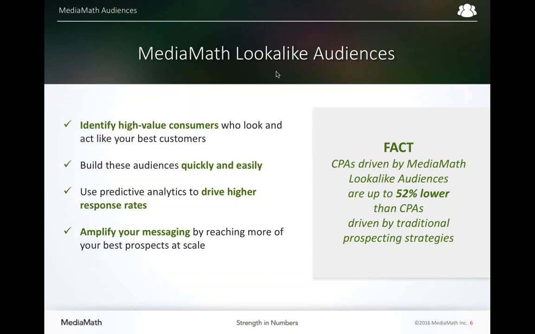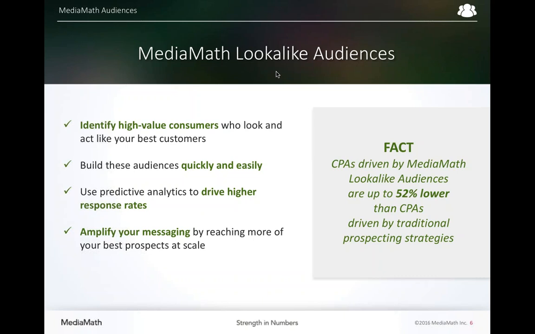This is about not targeting the site or the content on that site, but really finding the individuals who are most likely to respond and then putting an ad in front of them regardless of where they are. That type of targeting and using the lookalikes drives about a 52% lower CPA than those types of contextual or whitelist strategies. So we really want clients to get in there and try this.